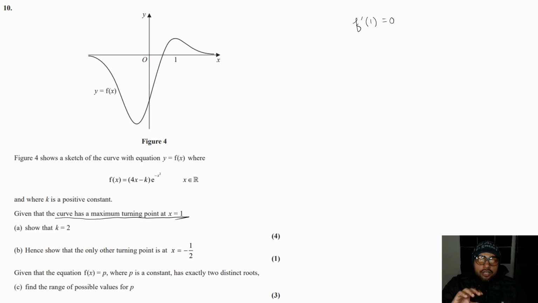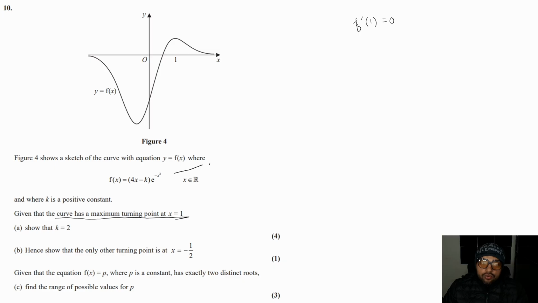Because they have already mentioned that 1 is a turning point, meaning it is a critical point where the graph will be turning. So we calculate the differentiation of that function to find the critical point. f(x) is 4x minus k e raised to the power negative x square.